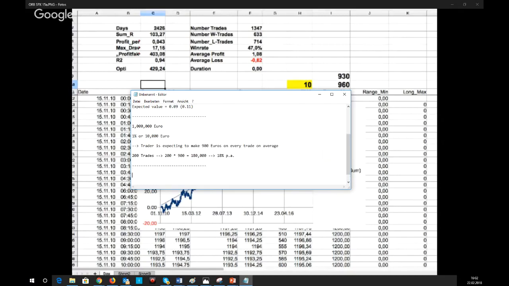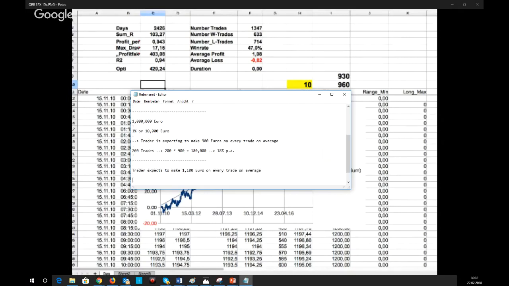That means the trader expects to make 1,100 euros on every trade on average. So 200 trades again.